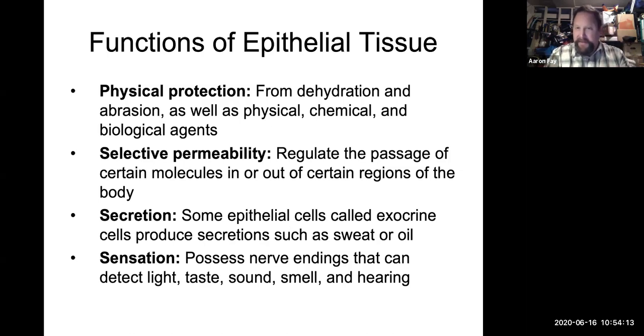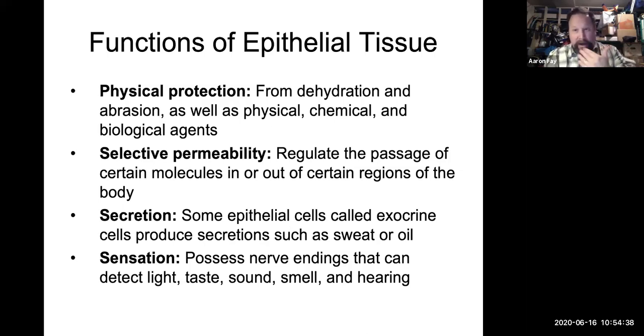I mentioned that epithelial tissue is highly innervated, so it's important for sensation. Skin has a lot of touch receptors in it. Also, many of our most important senses, the actual structures that allow us to understand what's going on out in the world, are actually epithelial tissue. So the retina, the light sensitive cells in the back of our eye, is part of epithelial tissue.